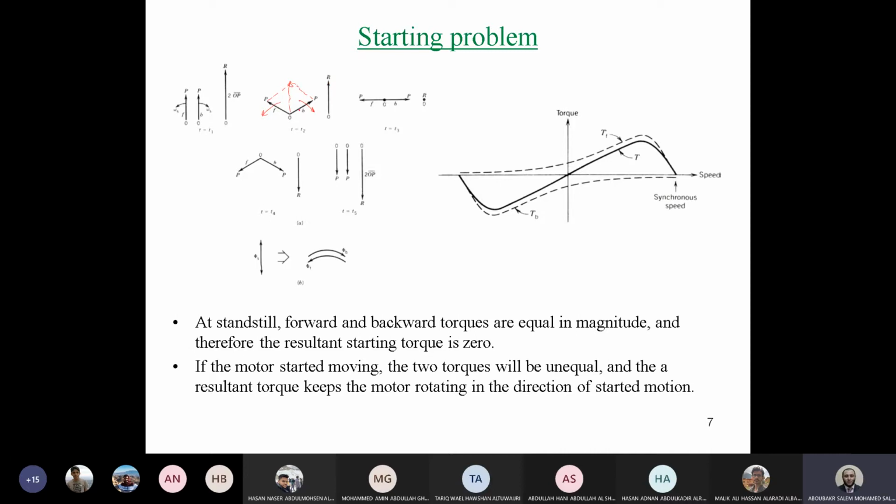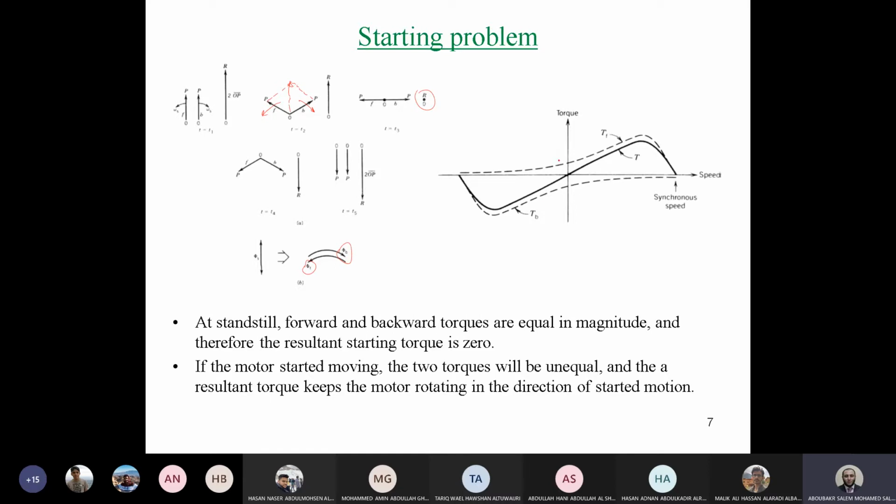If the vectors rotate until they are flat, one in the opposite direction of the other, the resultant flux will be 0. It will continue moving in the other direction and the cycle repeats. So this is the way of flux rotation. Finally, we have forward flux in this direction and backward flux in the other direction, and the summation of these two fluxes is the resultant flux.